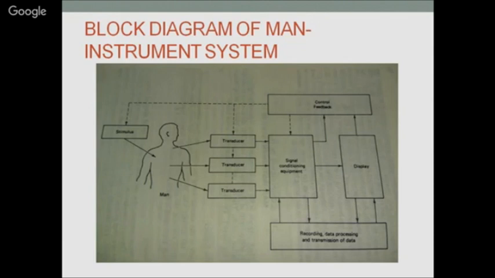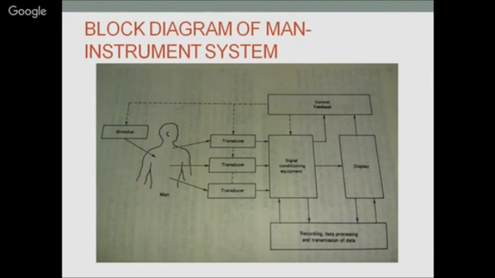Now there is signal conditioning, which is also very important here, because whenever you acquire a signal from the transducer, it will be a very weak signal, of very low amplitude, and with a lot of noise. So you have to design your signal conditioning circuit very carefully. There will be a pre-processing circuit.